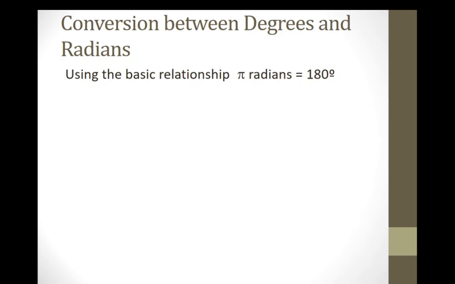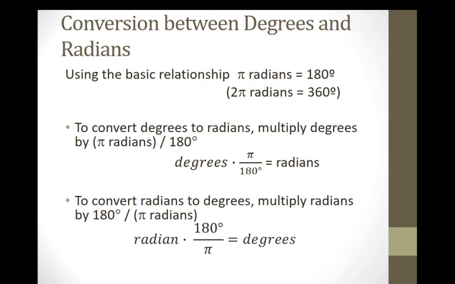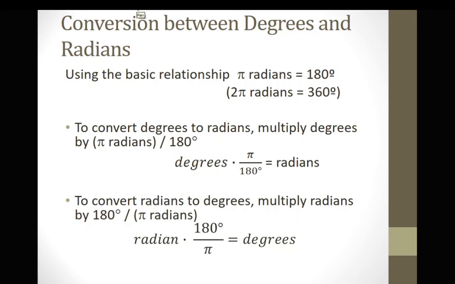Now, to convert degrees to radians and radians to degrees, we use this basic relationship that pi radians is 180 degrees, or the fact that 2 pi is 360 degrees. So we actually go back to geometry, when you learned proportions and cross multiplying, and we set up a proportion like this.